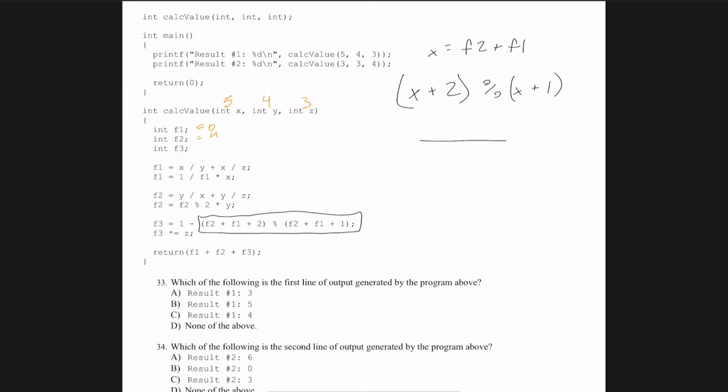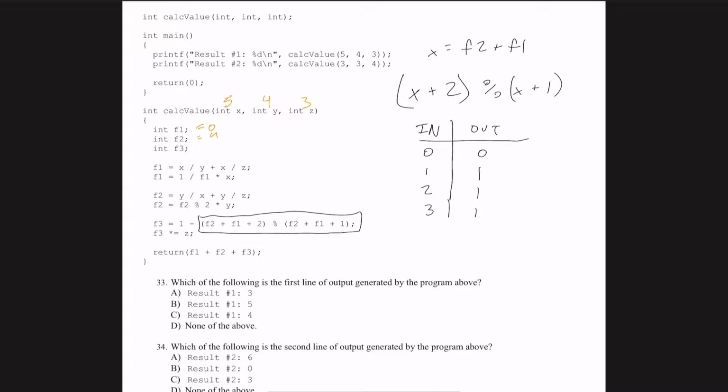If we make an input-output table for the x plus 2 mod x plus 1, I'm going to give the inputs 0, 1, 2, and 3. The output, 2 mod 1 is 0. 3 mod 2 is 1. 4 mod 3 is 1. 5 mod 4 is 1, and so on. So any number for x greater than 0 is going to have an output of 1. If the input is 0, then your output is 0, obviously.